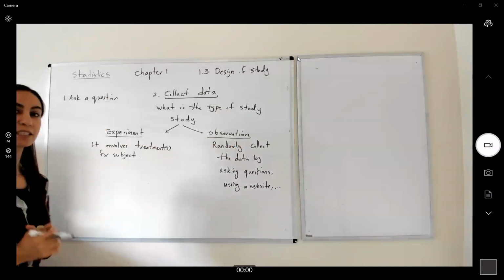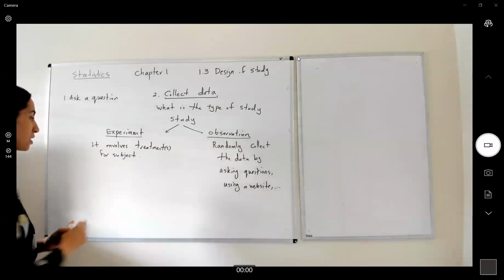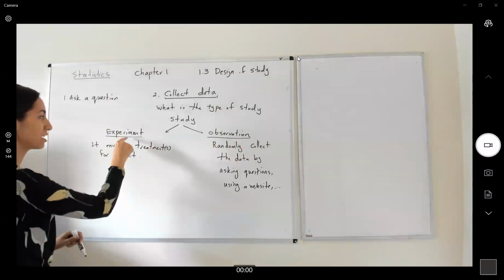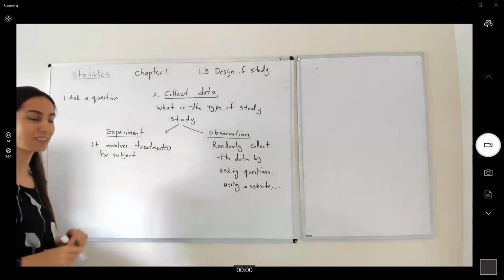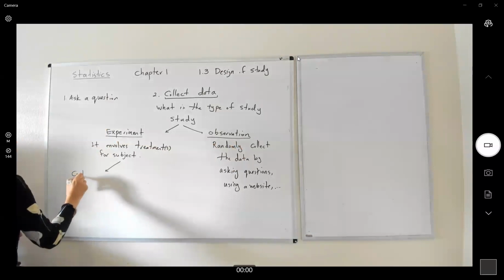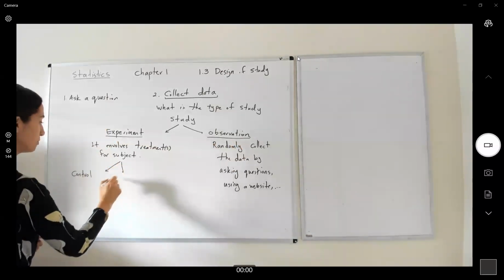When it comes to experimental study, you have to be very careful. We have to consider three important factors in experimental studies. The first factor is control. The second factor, randomization.